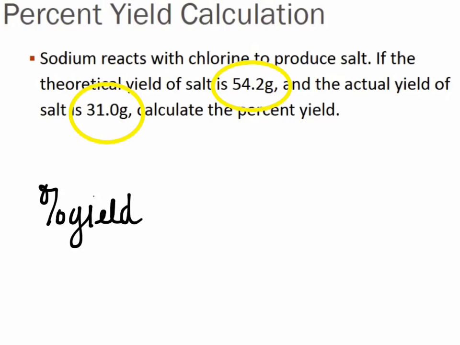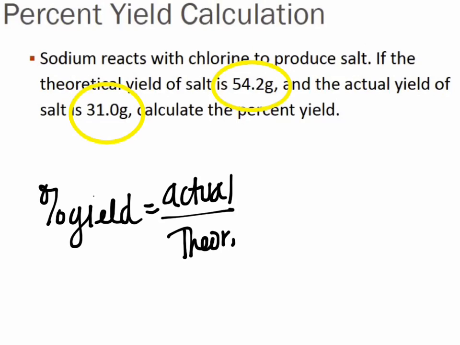Percent yield is equal to our actual over our theoretical times 100. So our actual is 31.0, our theoretical is 54.2, and we multiply that by 100.